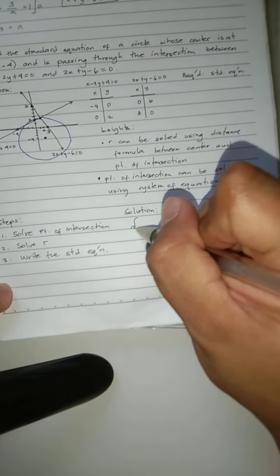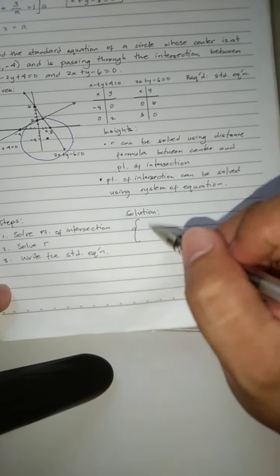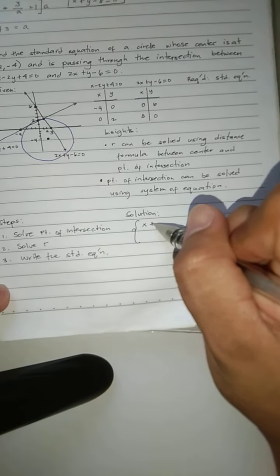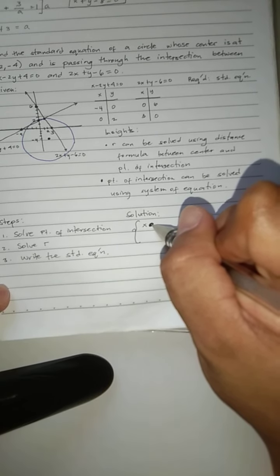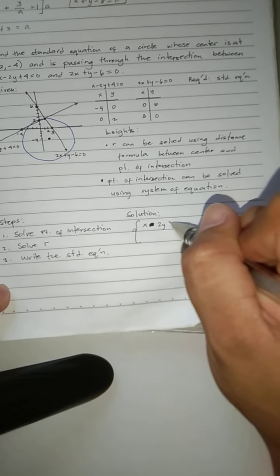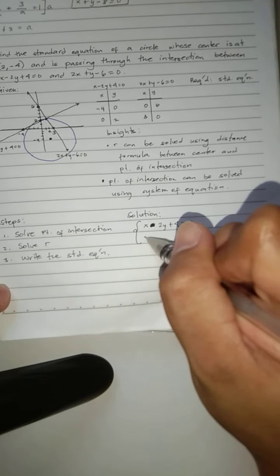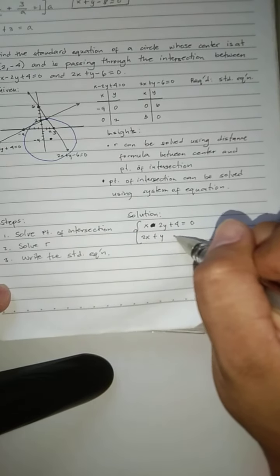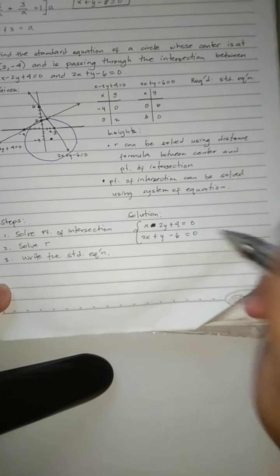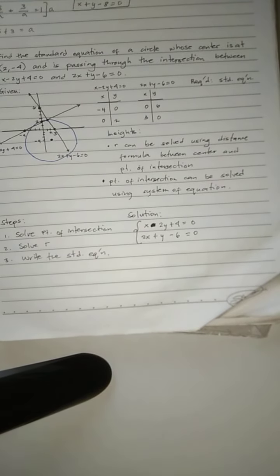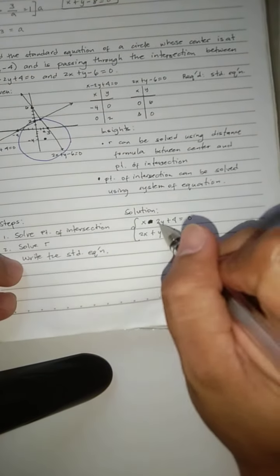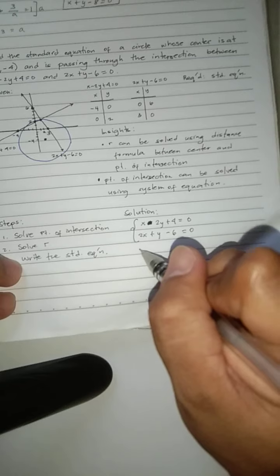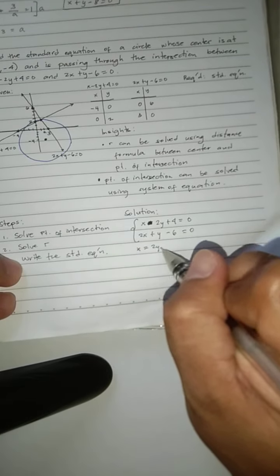For solving the point of intersection, we need the system of equations between the two lines: x minus 2y plus 4 equals 0, and 2x plus y minus 6 equals 0. We can use the substitution method. We're going to solve x first, so x is equivalent to 2y minus 4.